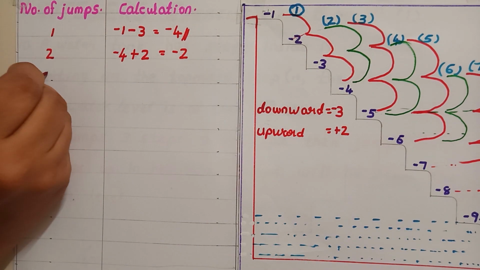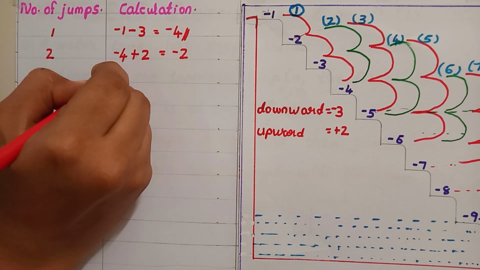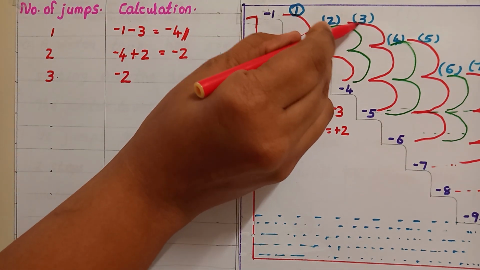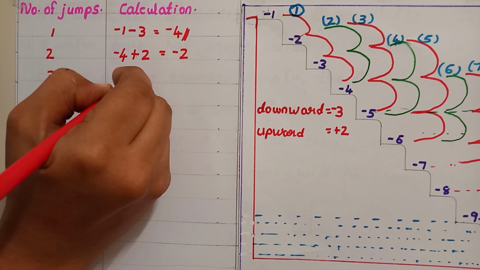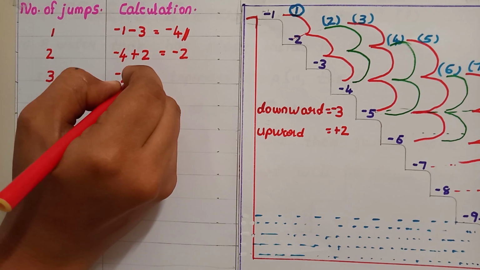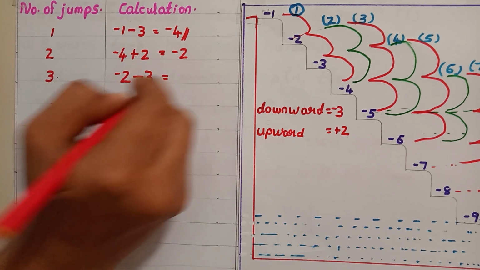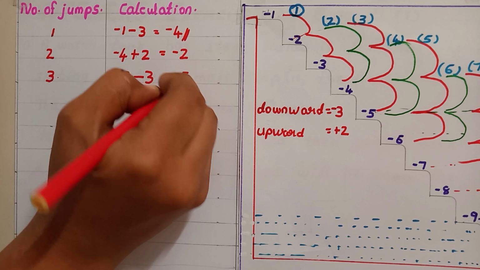By the third jump, now he is at minus 2. From minus 2 he is making a downward jump, which can be represented by minus 3. So minus 2 minus 3 equals minus 5.